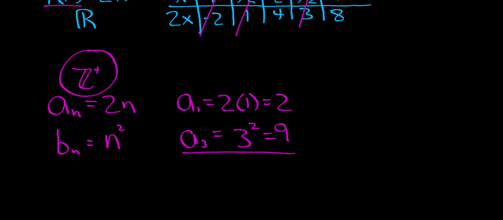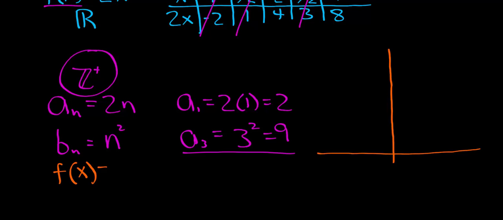If we're dealing with a sequence, the domain is the set of positive integers. So in this case, b sub n equals n squared. Let's just look at the graph of x squared. Let's suppose that we have f of x equals x squared, and here we have b sub n equals n squared. If you look at f of x equals x squared, of course, we know what that looks like.